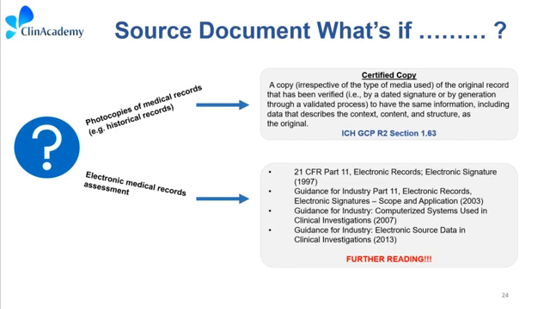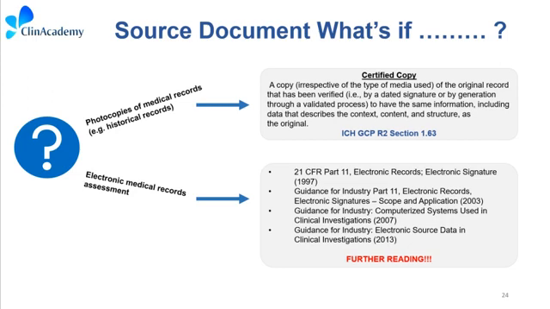Sometimes unexpected circumstances or challenges can be faced in source data and source documentation. For example, you will be able to notice that there are a lot of photocopies of medical records, especially the historical medical records.